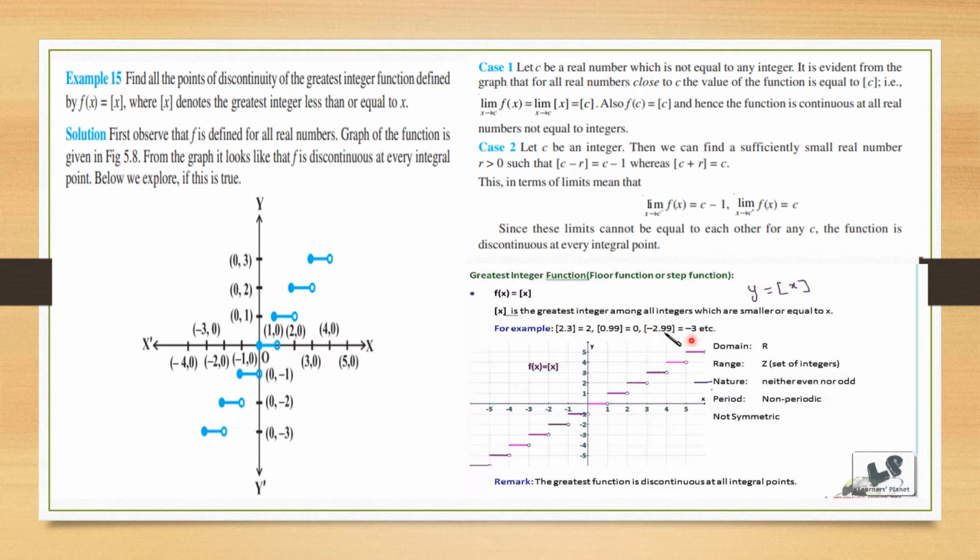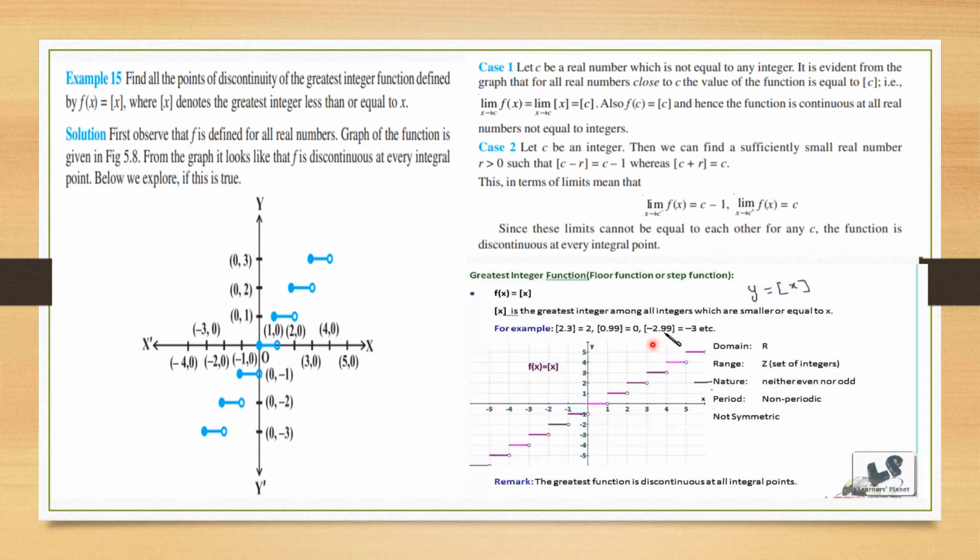For all left values, like if I take an example of -4.1, here the integer will be -5. That means for the positive side values, the integer here is 2, and here the integer is 0. So the value of the greatest integer function turns out to be the same integer, ignoring the part after the decimal.